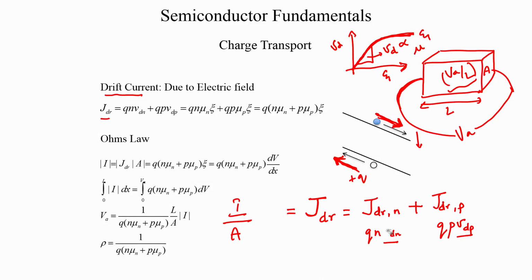Therefore, we can rewrite the drift current of the electrons and holes as q n mu n times the electric field, where mu n is the mobility of the electrons, and q p mu p times the electric field, where mu p is the mobility of the holes. The summation of these two terms gives you the total current density due to drift.